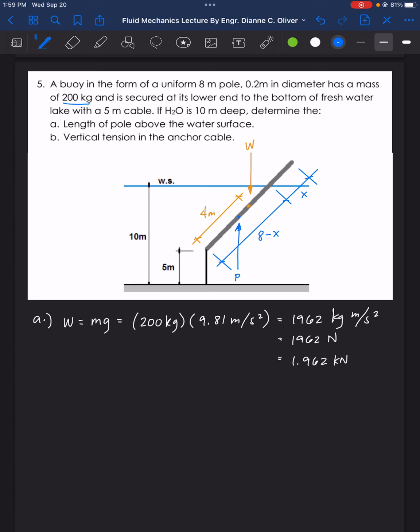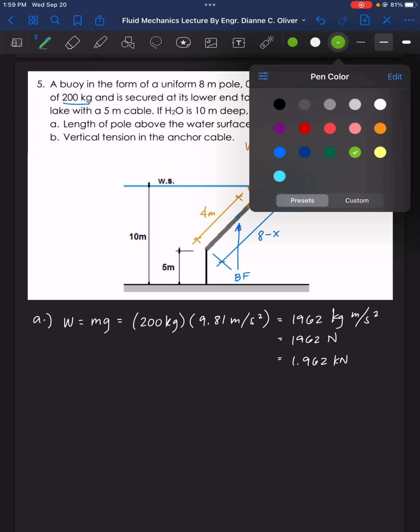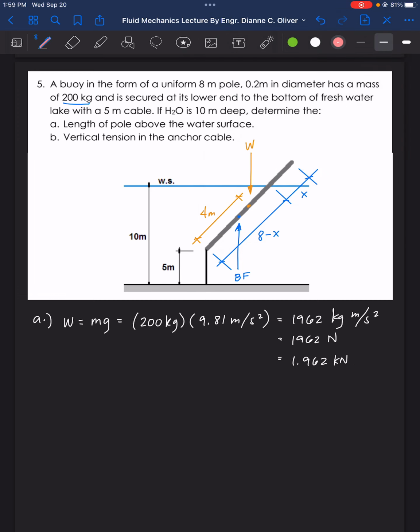So this is the buoyant force, and the distance of this is 8 minus x divided by 2.